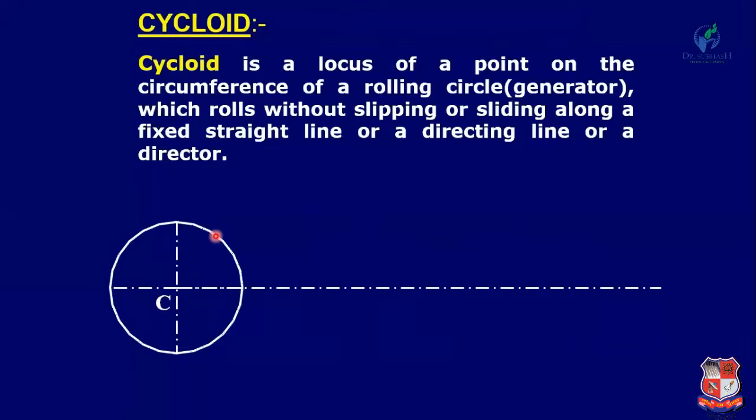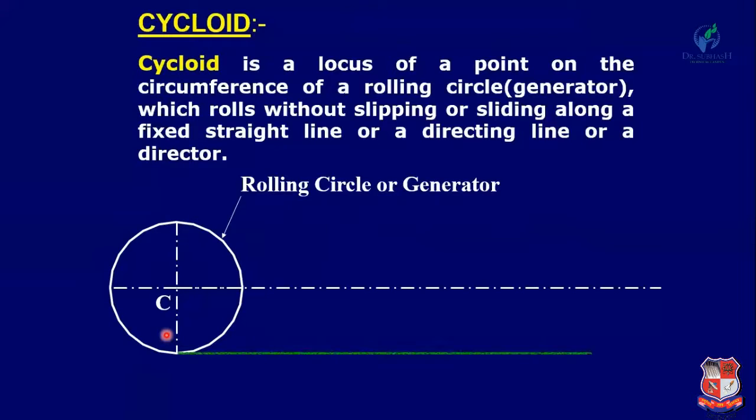See the center and one circle is there. This circle is known as the rolling circle or generator because it is generating a curve. Here you can see the directing line or director, because it directs the rolling circle.